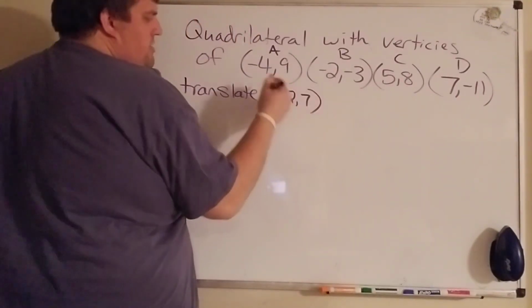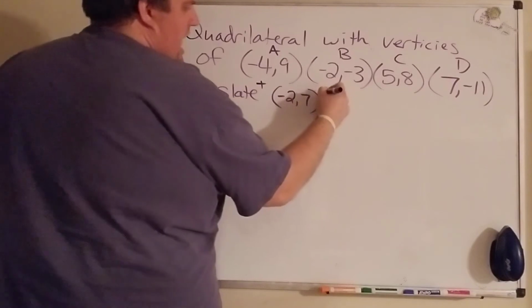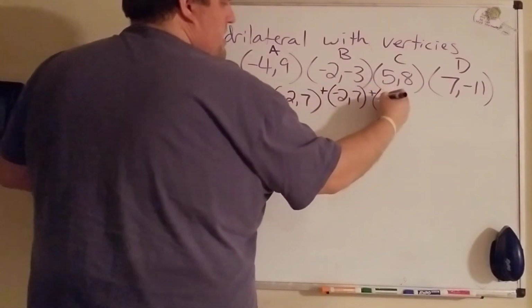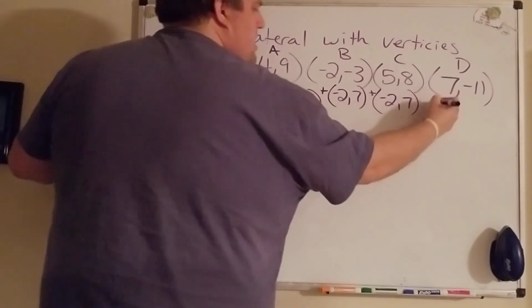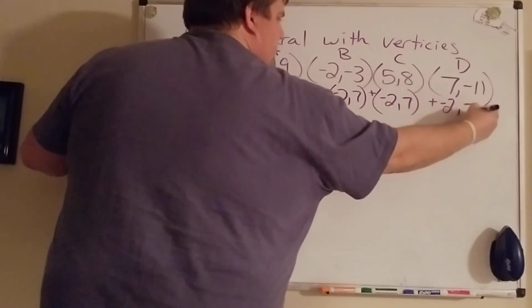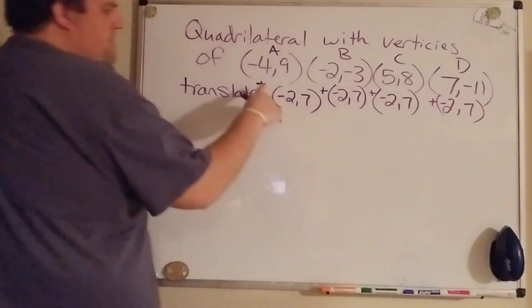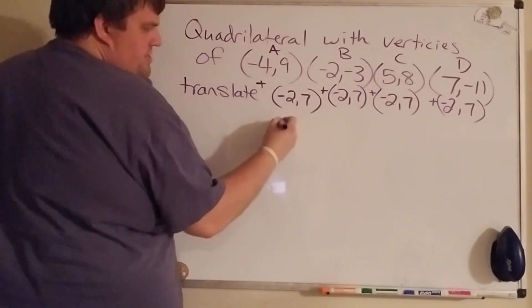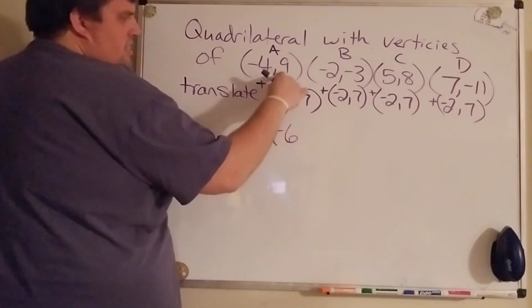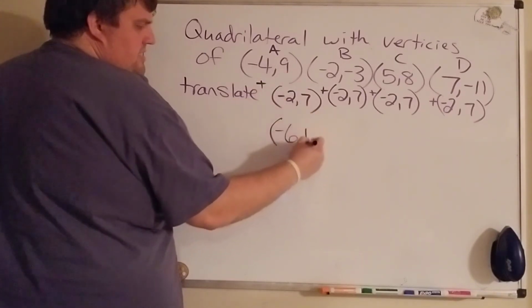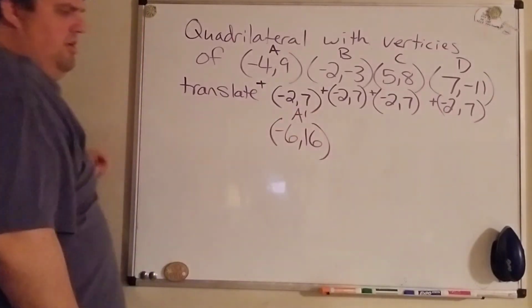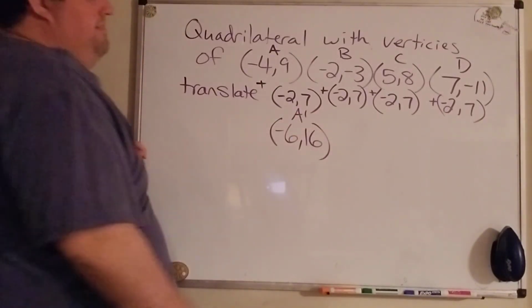So literally what I'm going to do is set this up. We're going to add -2, 7, add -2, 7, add -2, 7. And when you add, you're just going to go the x's together. So -4 plus -2 is -6. 9 plus 7 is 16. So A prime would be at -6, 16.